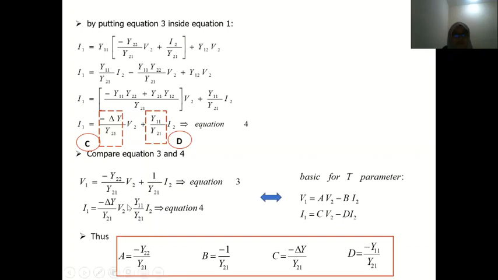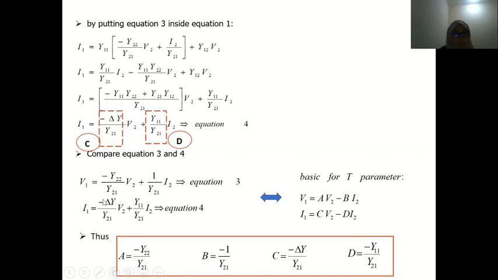And then you can get your A is equal to minus Y22 divided by Y21, and this is your A terms, and this is your B terms as compared with your T parameter basic equation.